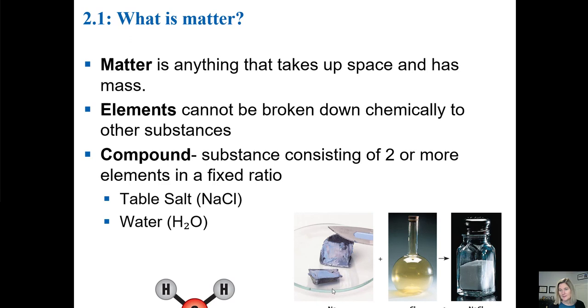What's interesting about these two is that sodium is in a mineral, or solid, form, and chlorine is usually in a gas form. But when they come together, they form little crystals of salt. Water, H2O, is basically 1 oxygen atom bound to 2 hydrogen atoms.